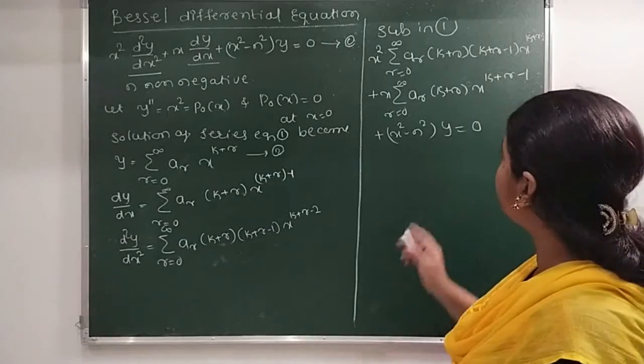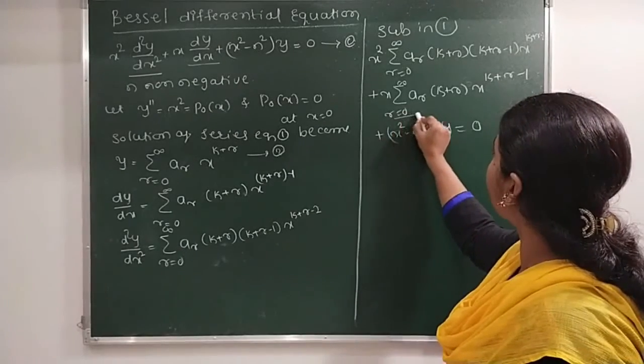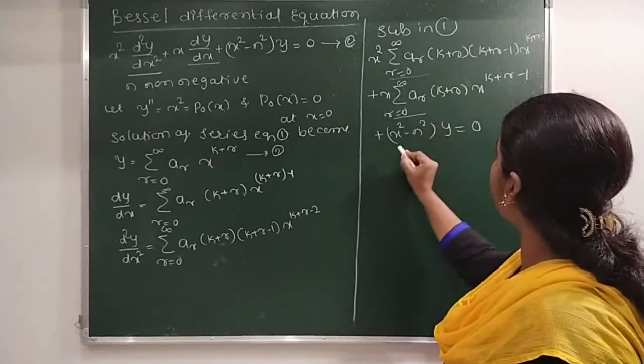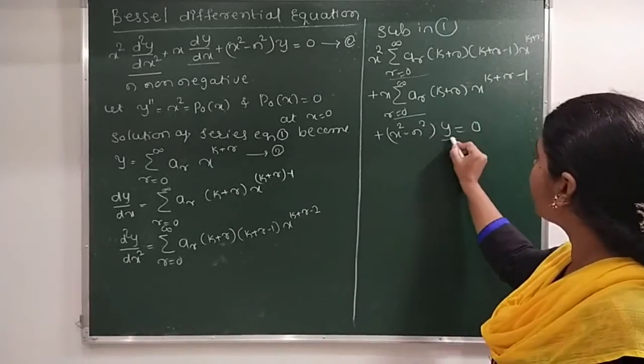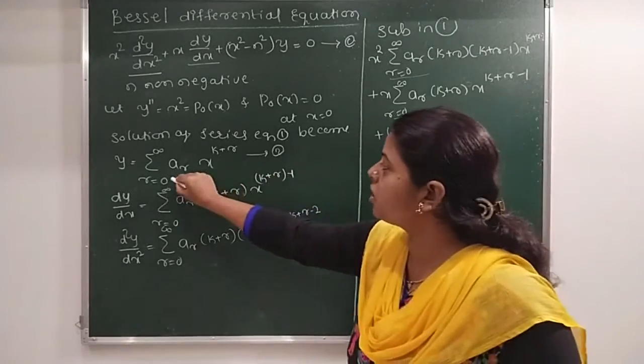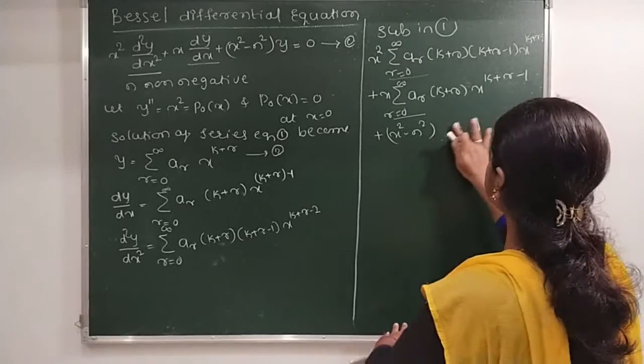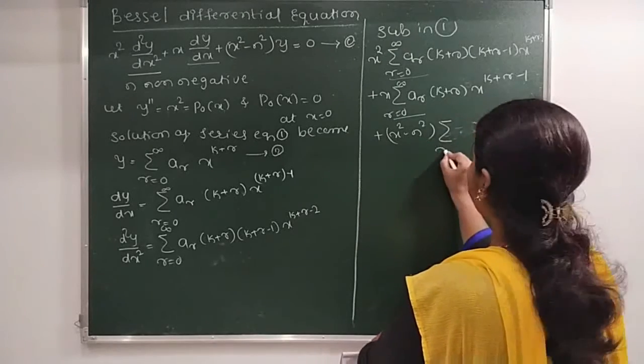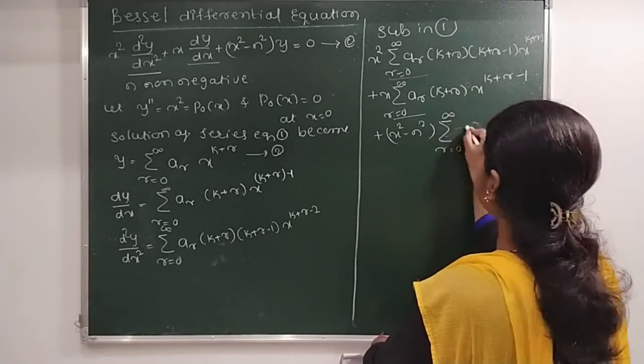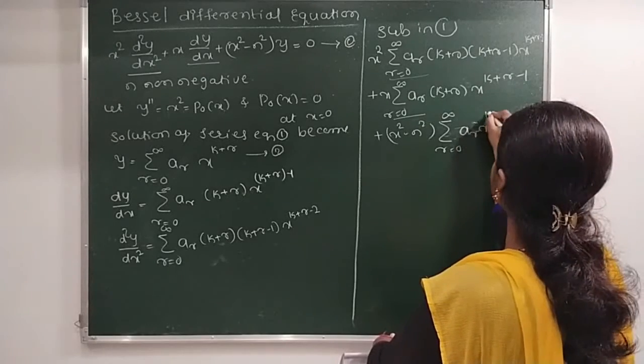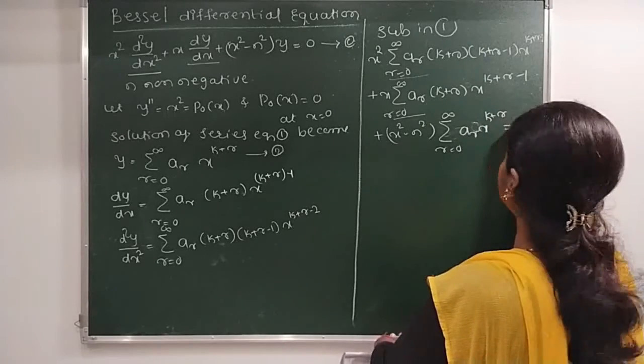After that we have to take a summation of ar, and y we have to replace as summation of r is equal to 0 to infinity ar x raised to k plus r is equal to 0.